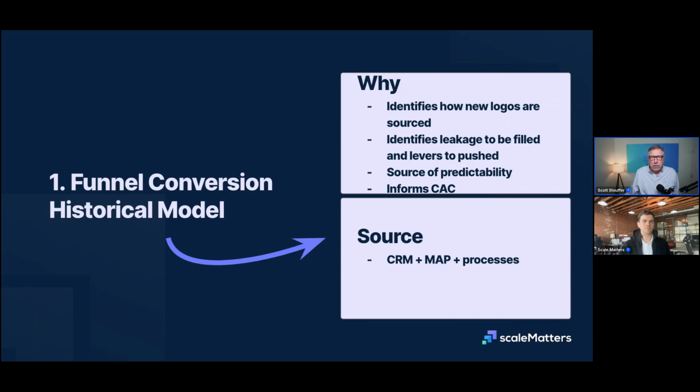Beyond the most basic funnel, though, if you have your instrumentation set up well, you can slice these models by channel as well as by segment. And these different looks at new logo acquisition really help you dial in things like ICP and what's working and what's not.